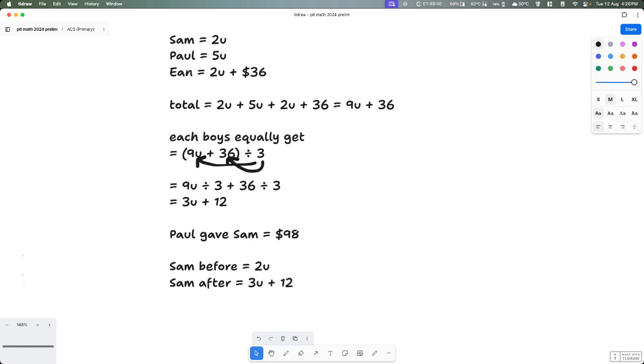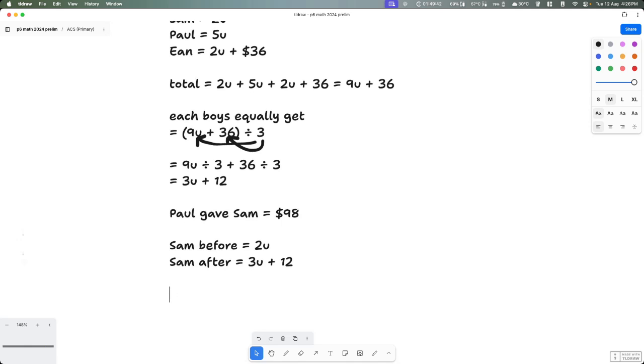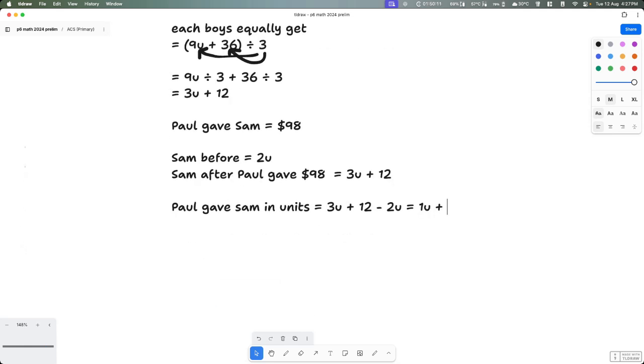So the change, what Paul gave Sam, in units is 3 units plus 12 minus 2 units, which is equal to 1 unit plus 12.